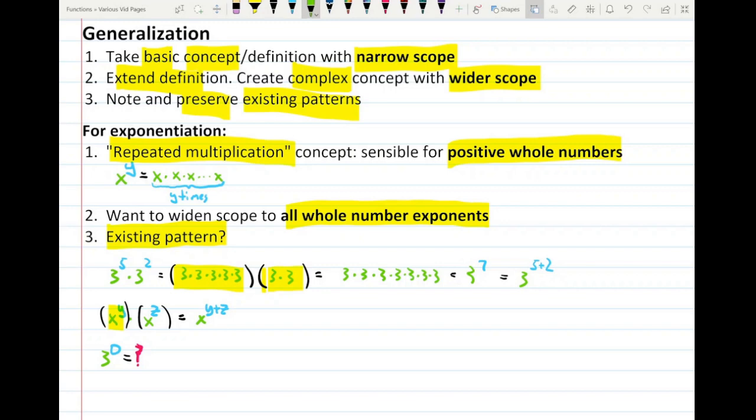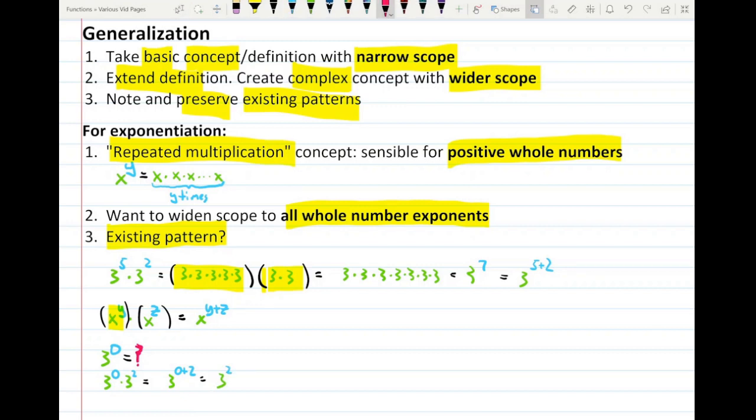Now we know that whatever we assign this quantity, it should satisfy 3 to the power of 0 times 3 squared equals 3 to the power of 0 plus 2, which equals 3 squared.